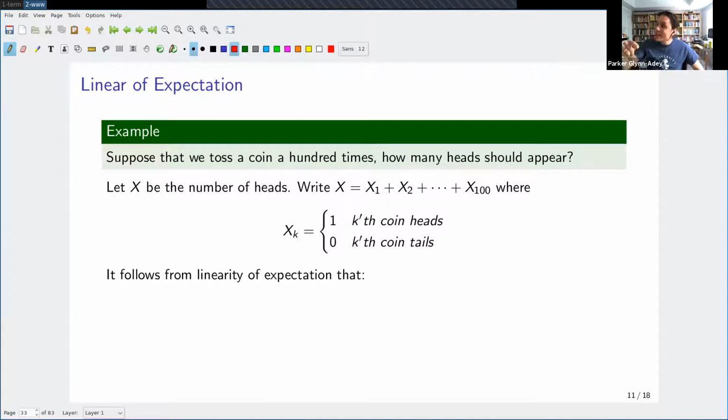So now we can use linearity of expectation. We take our big variable, X, and break it up into a ton of simpler things. So boom, there's linearity. Each one of these is super duper simple, right? We're just looking at a single coin toss now.